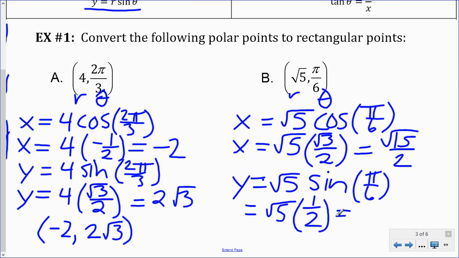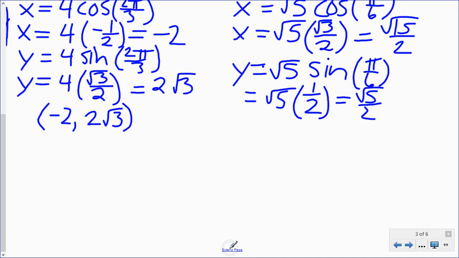So again, if we multiply straight across, we get square root of 5 over 2. So my rectangular coordinates would be square root of 15 over 2, comma, square root of 5 over 2. Okay, so that's pretty easy.